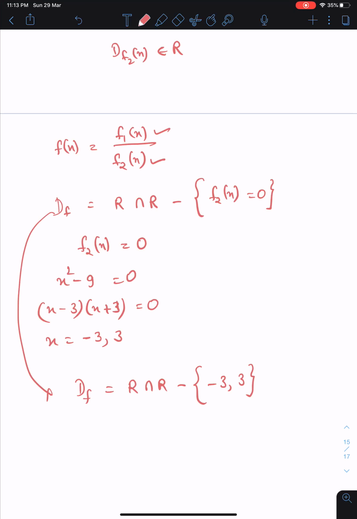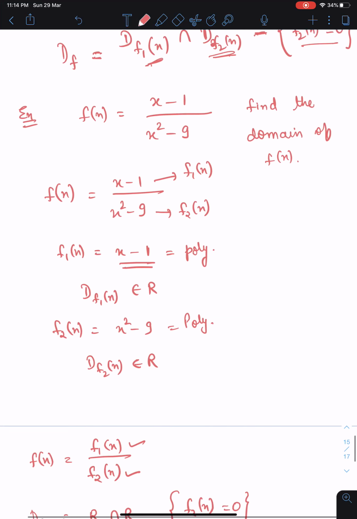Now I hope you remember what it means by intersection. Intersection means we are finding the common values. So what is the intersection of R intersection R? You are taking the intersection with the same numbers, that means the value will be R. So real numbers minus, you are subtracting minus 3 and 3. So this is the domain of function f. Now you again go back to your question.